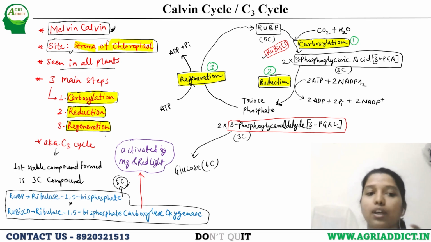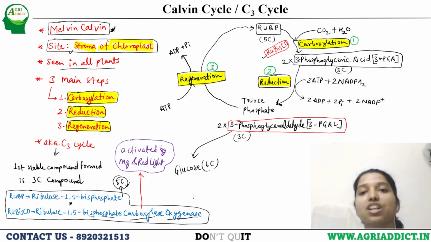What is rubisco? It is ribulose 1,5-bisphosphate carboxylase oxygenase. Carboxylase means it is able to fix carbon dioxide, and oxygenase means it is also able to fix oxygen. Based on the concentration of carbon dioxide or oxygen in the cell, this rubisco will function.